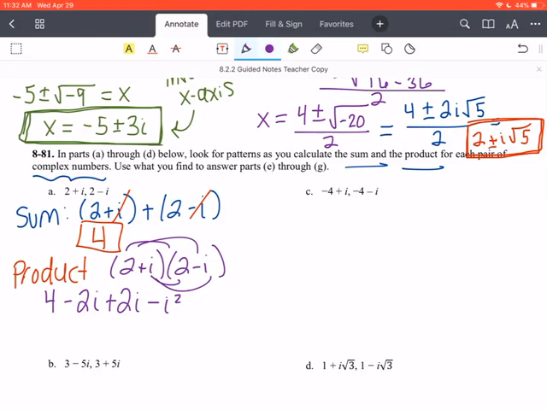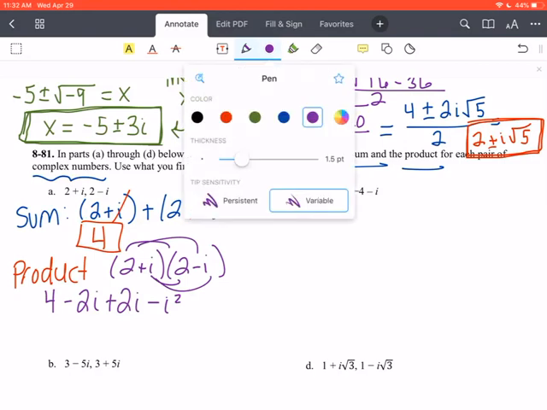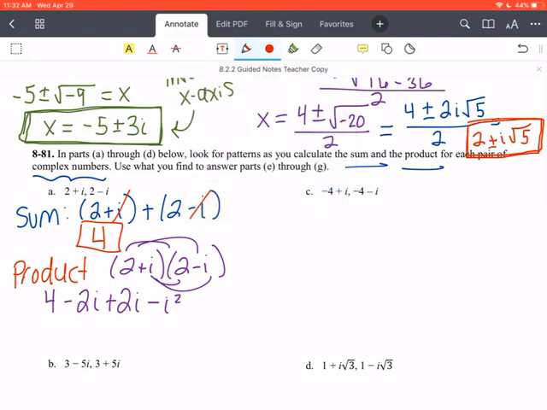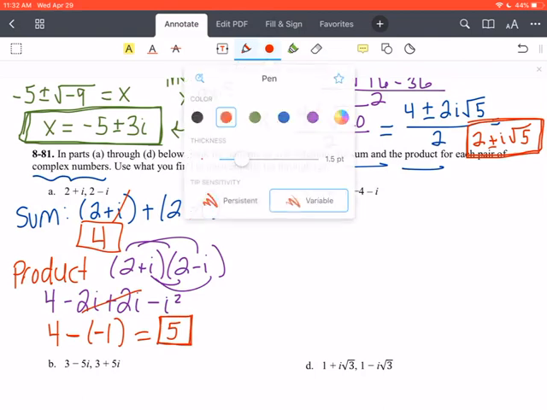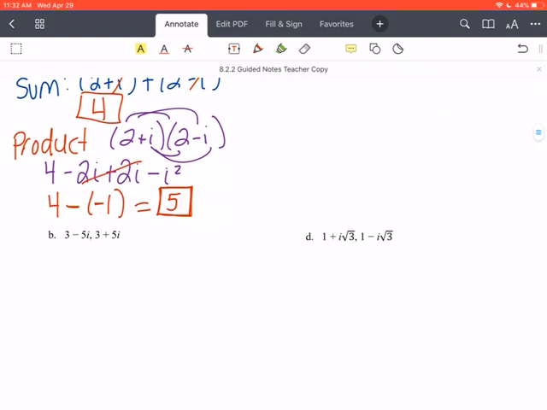So now we have to use our knowledge of i and i squared to clean things up, as well as do some canceling out, because negative 2i plus 2i cross each other out. They're opposites. So now I'm left with 4 minus, what did we say i squared is? i squared can always be replaced with negative 1. But be careful with that double negative. The double negative makes a plus. So the product of those two complex numbers makes a real number. Very interesting.